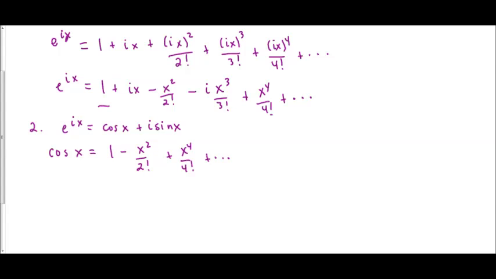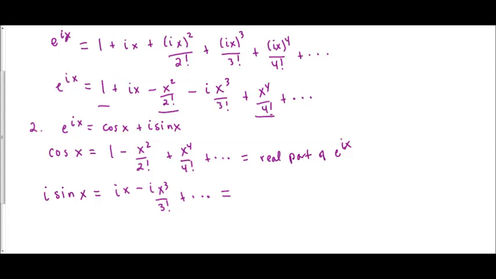And if you notice, this is equal to the real parts of e to the ix. And then the second thing we're going to do is i sine x, and we're just going to distribute that i across all of the terms for the Maclaurin series of sine x. So this is going to give us ix minus i x cubed over 3 factorial, and the series continues.